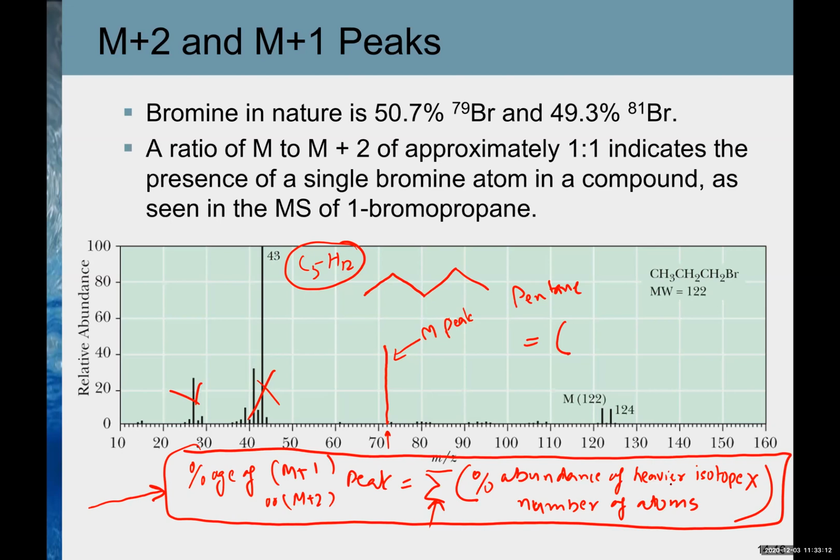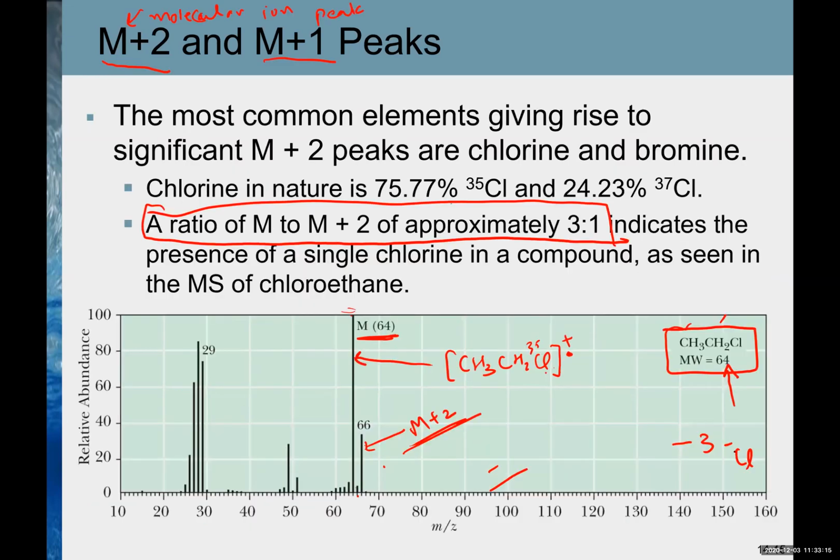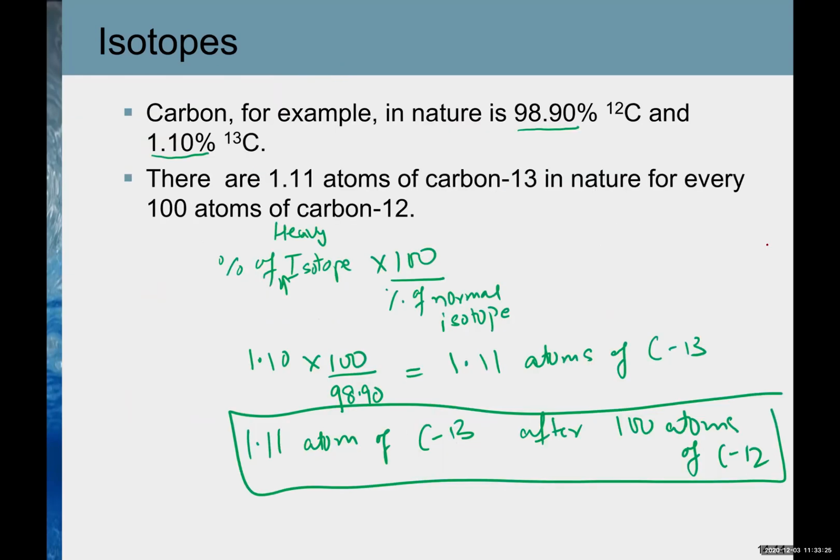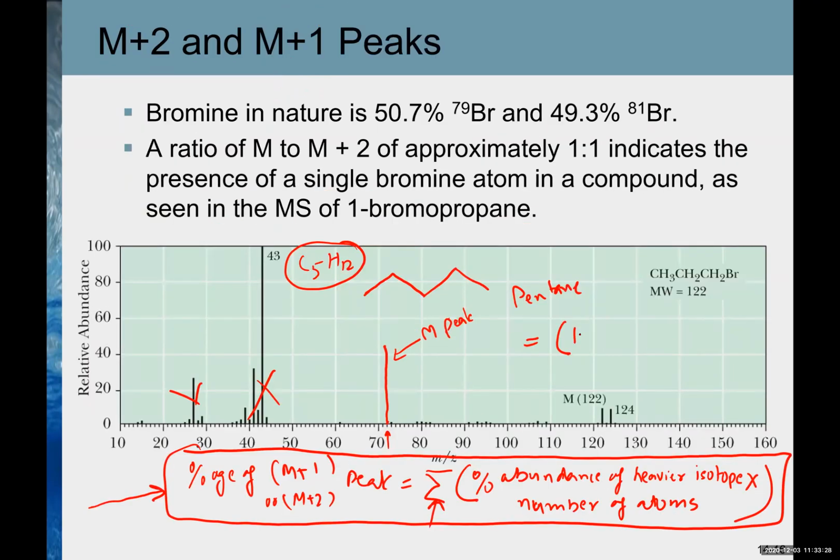What is the percentage abundance of the heavier atom of carbon? Anyone? 1.11%, right? So let's plug in there: 1.11 multiplied by the number of carbon atoms. How many carbon atoms are there? 5. Plus, that's where the summation comes in.